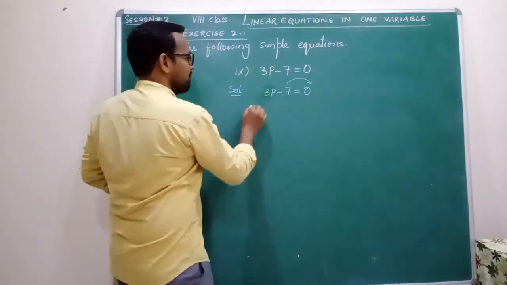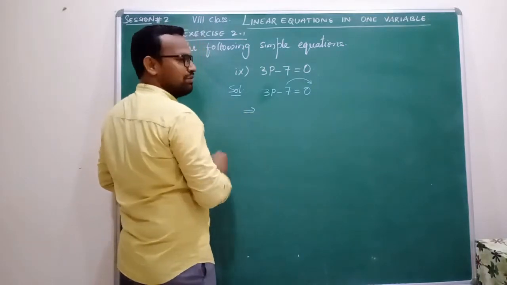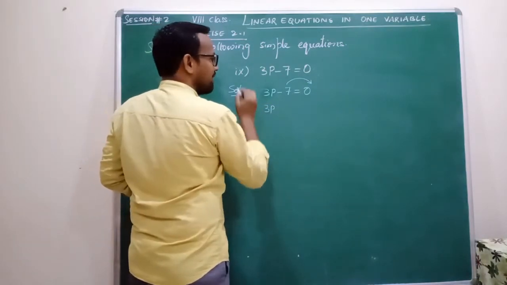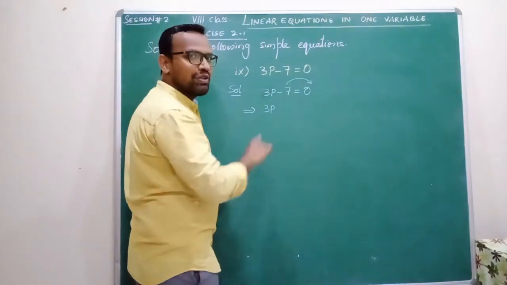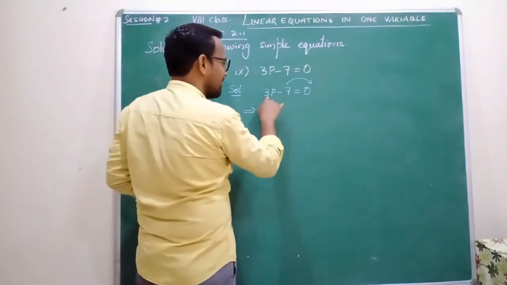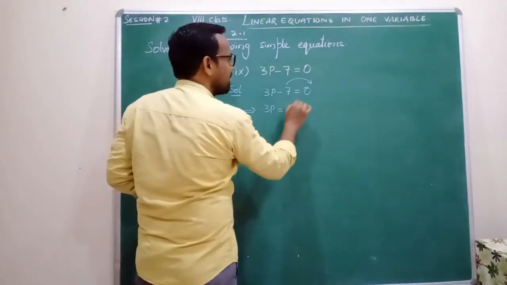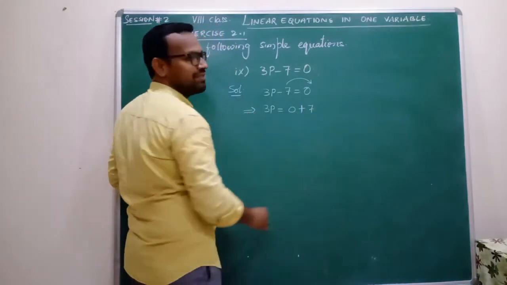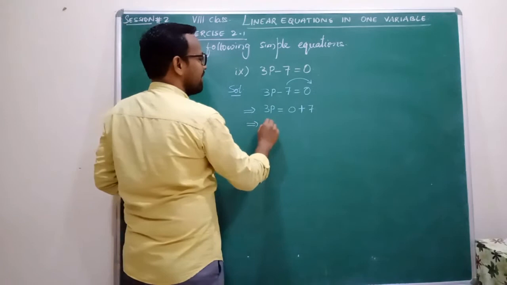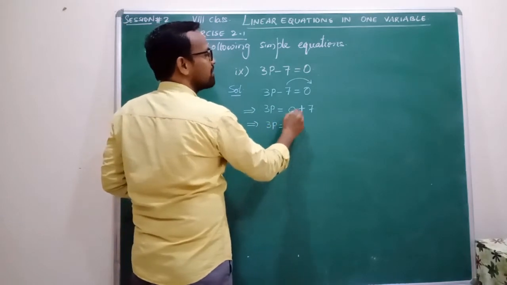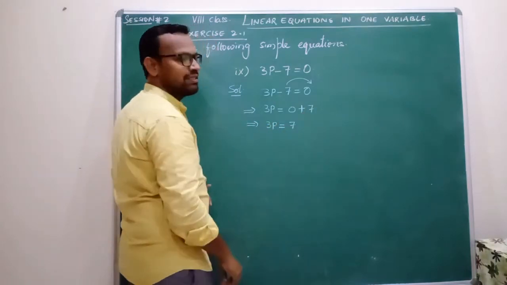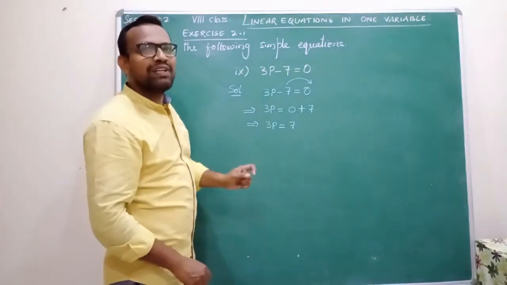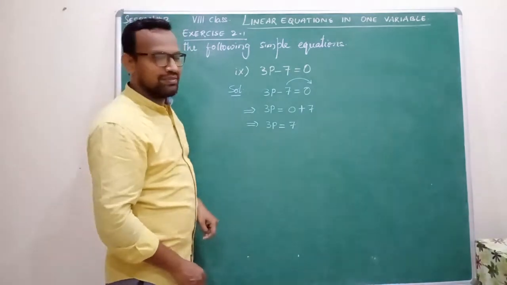Great. So, that is equal to 3p. I'm not going to write minus 7 because it is going to the other side. 3p is equal to 0, minus 7 is coming here, plus 7. That means 3p is equal to 0 plus 7, which is nothing but 7. Now we need to transpose the constant with the variable, right?